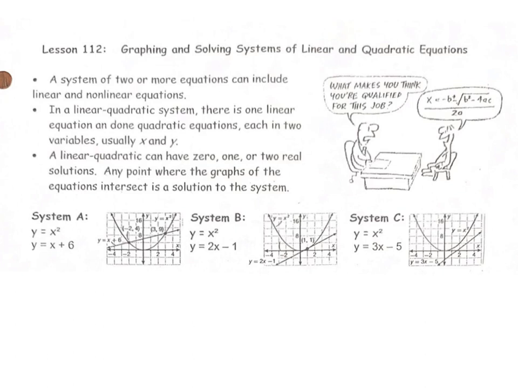The solution to a linear quadratic system can have two solutions, which we see here in system A, and that is the 2 points of intersection. That indicates that it is those two ordered pairs that will satisfy both of those equations.